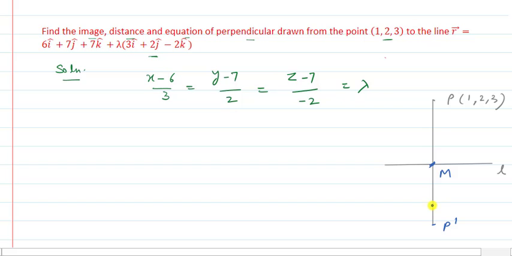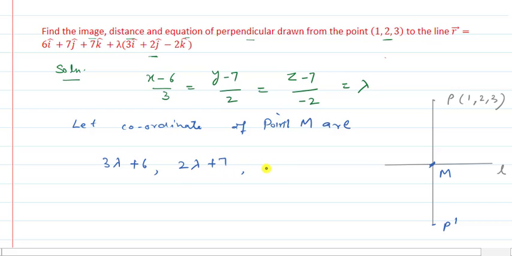So let the coordinate of point M be, from here I am calculating x, y, z: 3 lambda plus 6, 2 lambda plus 7 and minus 2 lambda plus 7. So these I am considering the coordinates of point M.